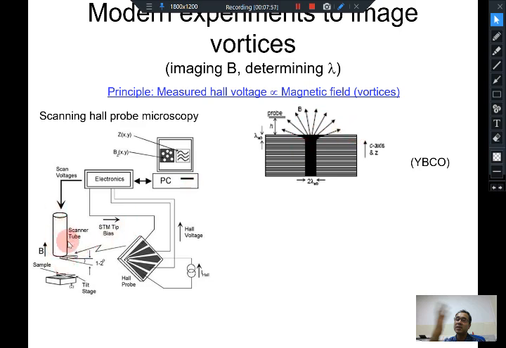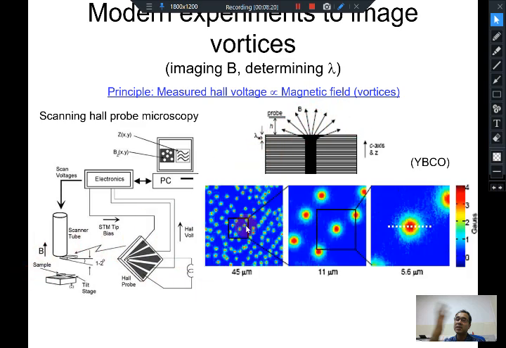So if you put this Hall sensor on a scanner tube and scan it over the surface with nanometer resolution, you can look at images of the vortices, because wherever the vortex is present, the Hall sensor will experience the magnetic field of the vortices and give a Hall voltage, and so you can make a map of where Hall voltages are appearing on the XY plane.